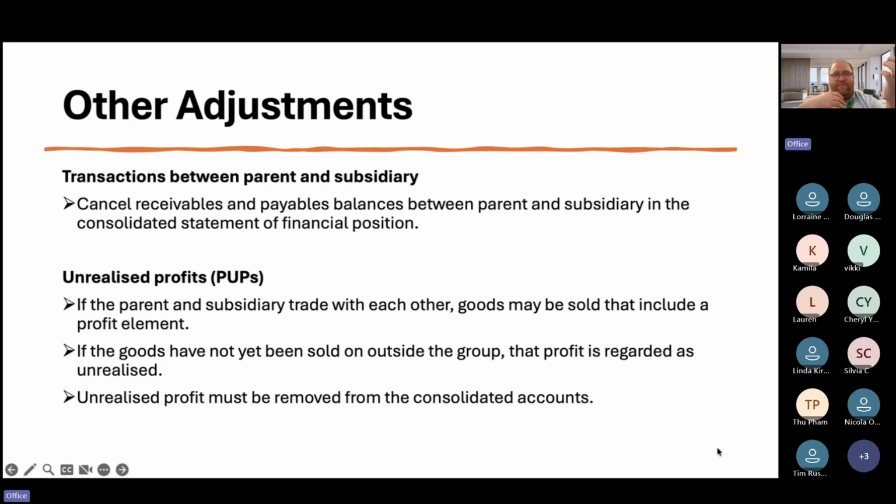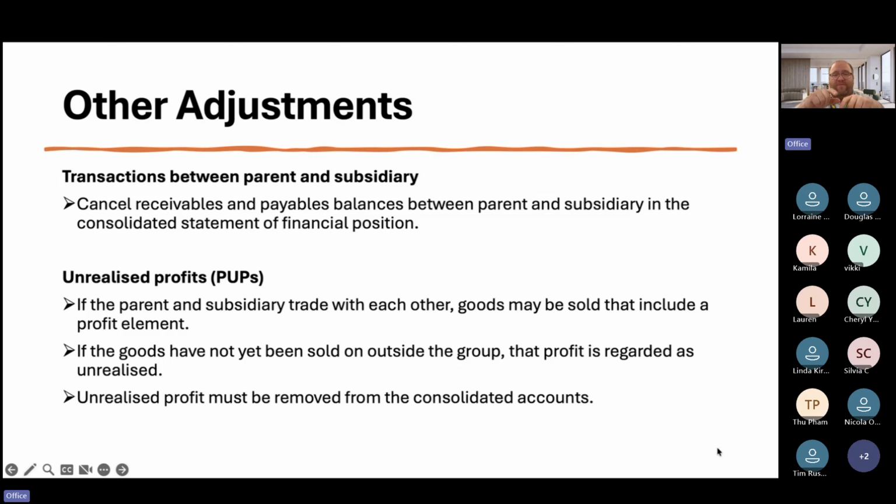So a parent has bought £500,000 of goods from the subsidiary. So you've got receivables on the subsidiary and payables on the parent. The parent has a payable to the subsidiary, and the subsidiary has a receivable from the parent. So what it says here is you can just cancel it all.